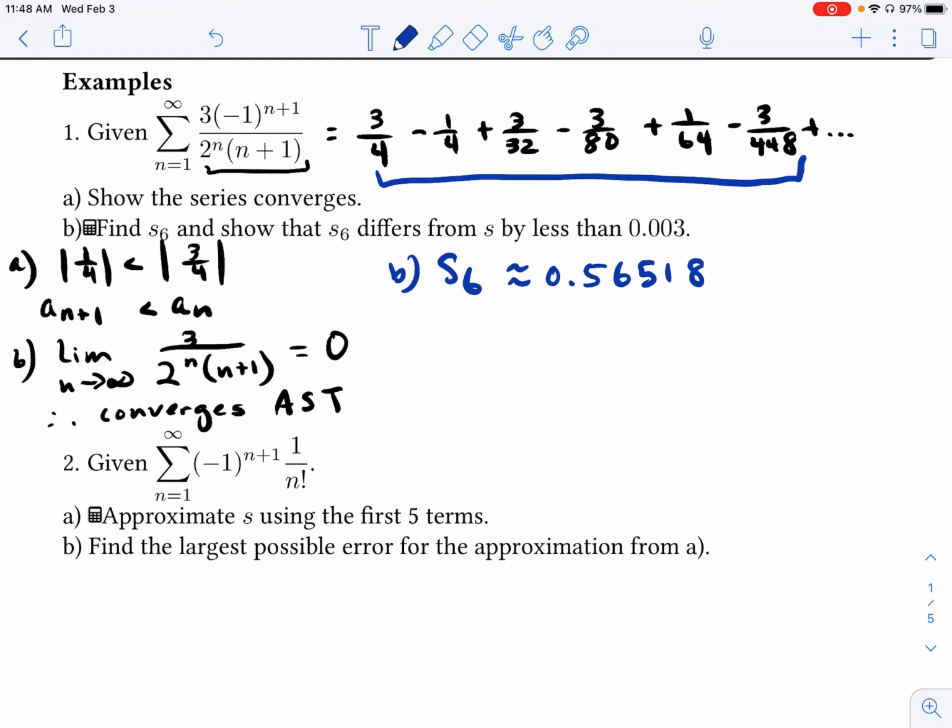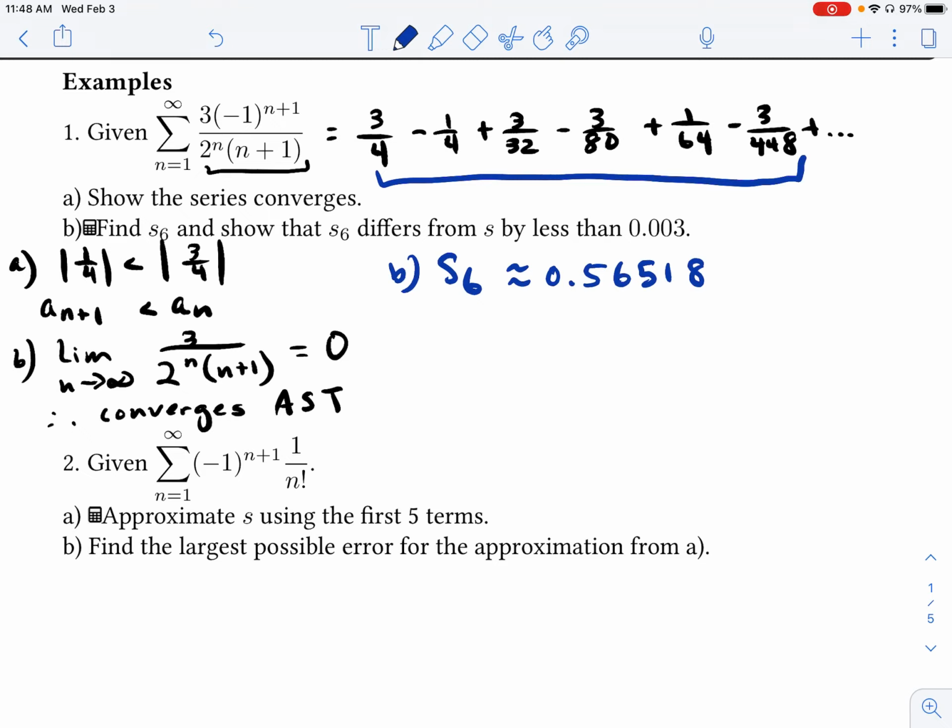Now, the next part is to show that this partial sum, which is approximating our actual sum, differs from the actual sum by less than 0.003. Well, how do we do that?